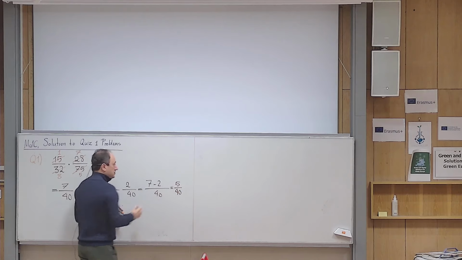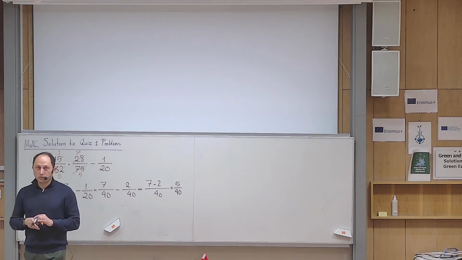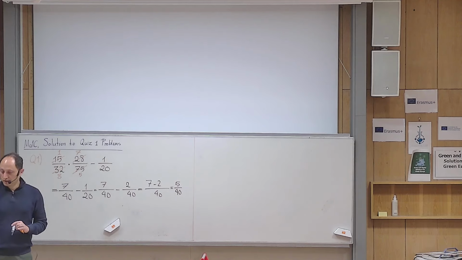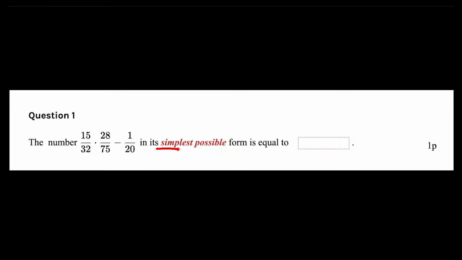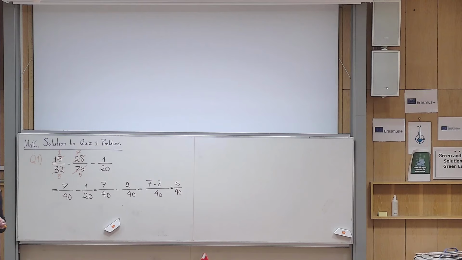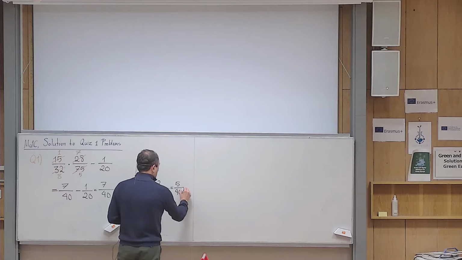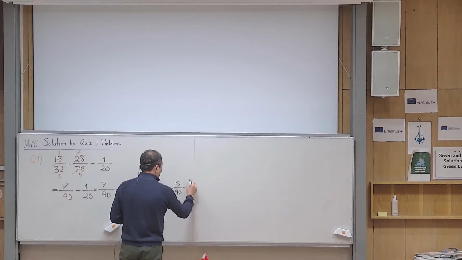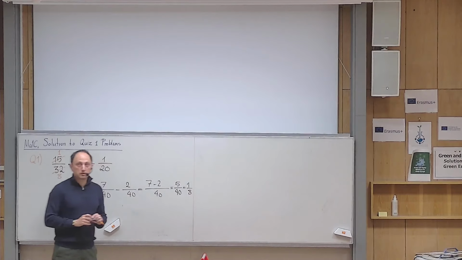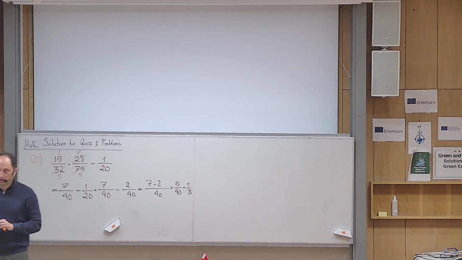Even though technically speaking this answer is completely right, you are not allowed to put this number there because if you look back here, this red part is asking you for the simplest possible form. And the simplest possible form here is not 5 over 40, it is 1 over 8. So this is the number that you are expected to type within the empty box.